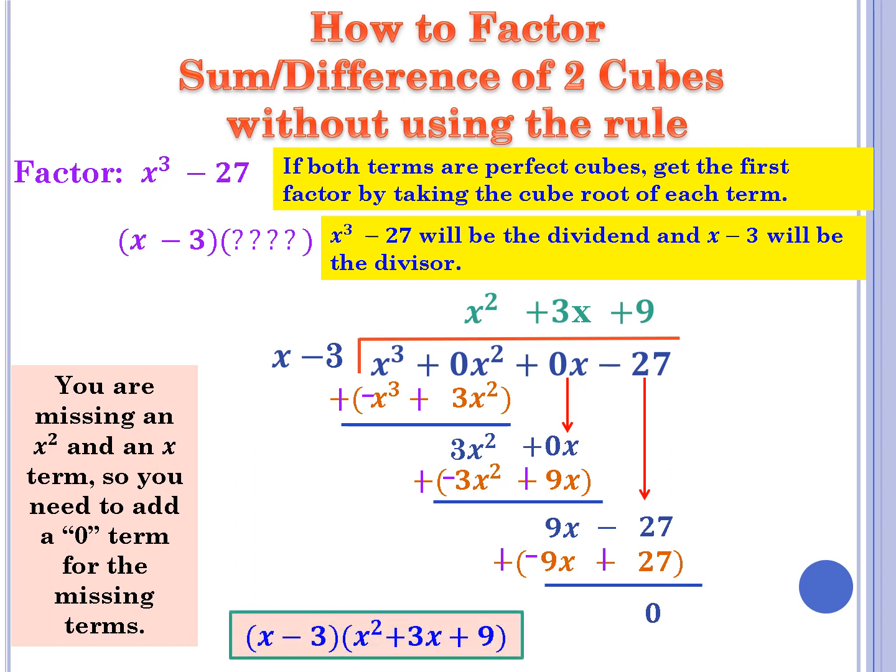So you'd still end up with x minus 3 times x squared plus 3x plus 9. So that's how we derive the formula. We can do this for any and all perfect cubes, sum and difference, and this is how we get the answer of the factors. So just another way to get around it.